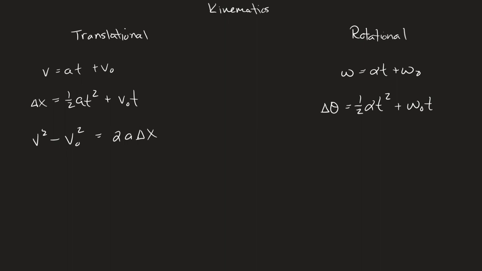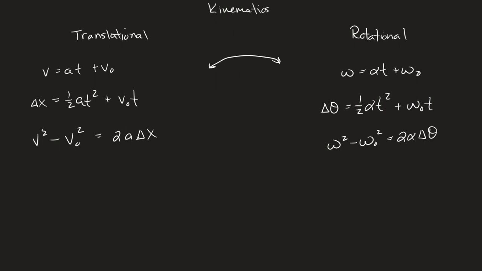Any question about that? So omega squared minus omega naught squared equals 2 alpha delta theta. Rotational kinematics. They're actually on your equation sheet, these 3. In the middle is how you can go from one to the other.